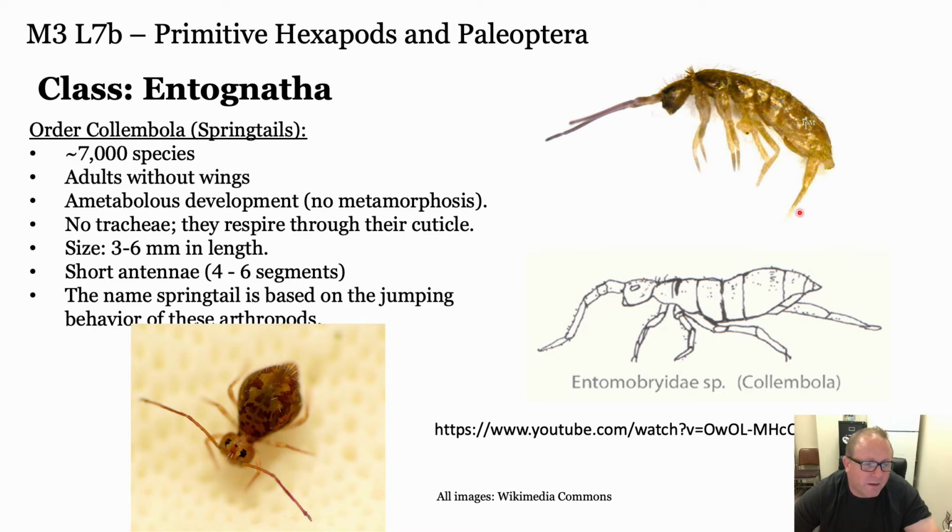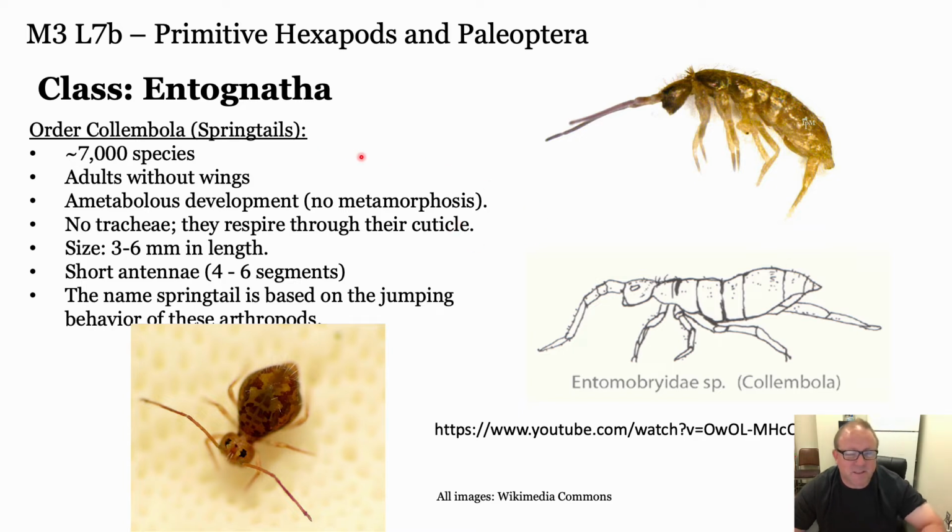They can jump quite a good distance for their body size, right? They're 3 to 6 millimeters in length. They can easily hop a couple of inches by winding up this spring and then letting it fire, and they shoot off to another place.